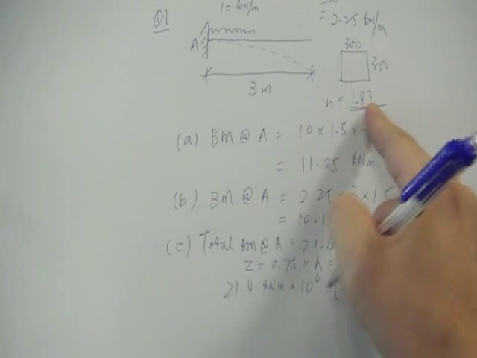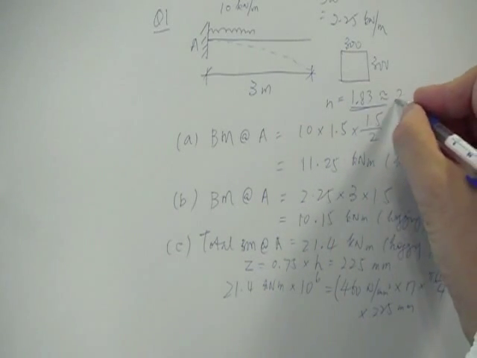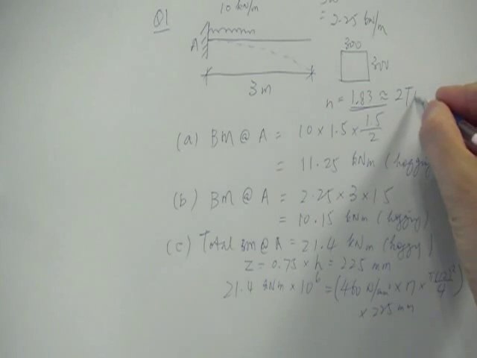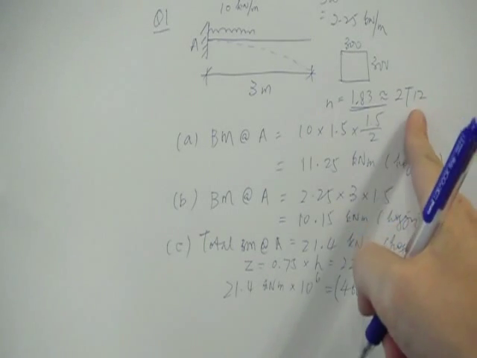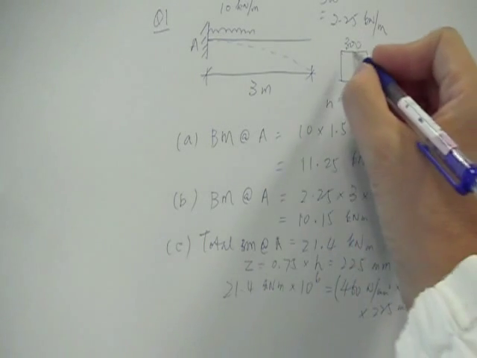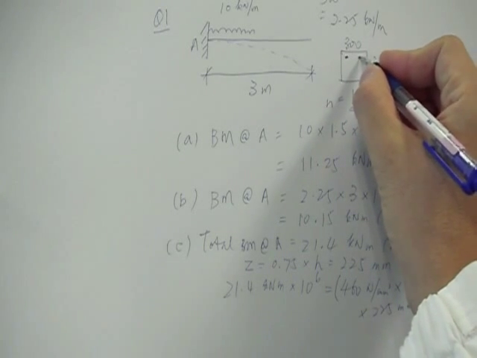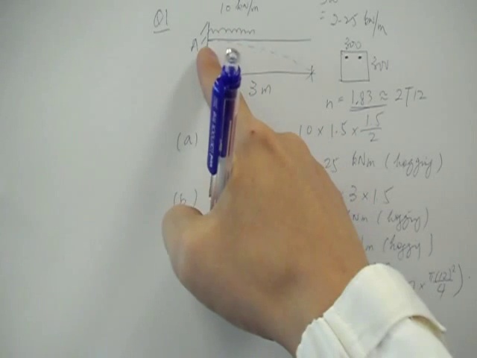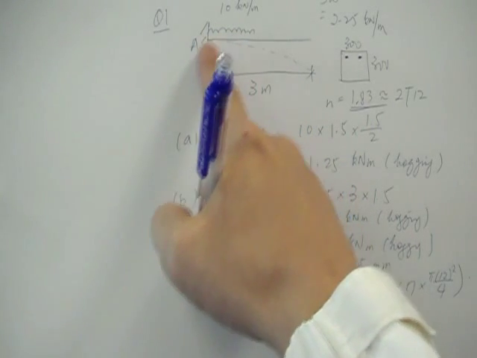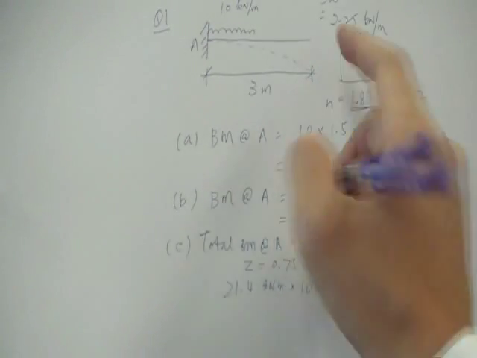So that you round up to two numbers of T12, and that T12 is placed at the top of your beam at section AA, because A is under a hogging moment and the tension is at the top of the cross section.